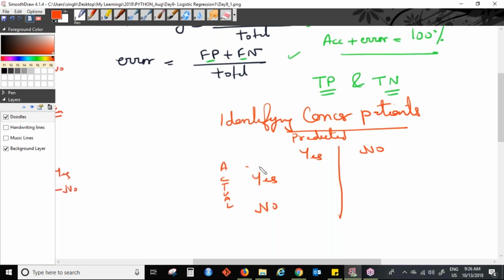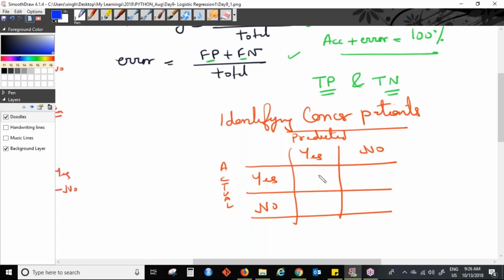So once again, I'll have a confusion matrix. Let me draw that. Is this box good for you or not? Where the patient has cancer and you predicted cancer. This is definitely good, right? What is the name of this? Yes, true positive.